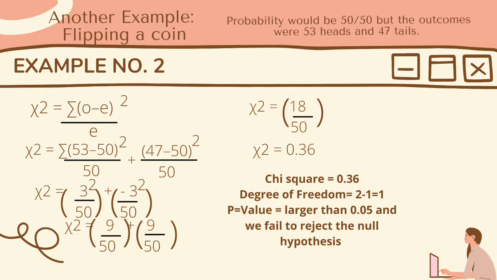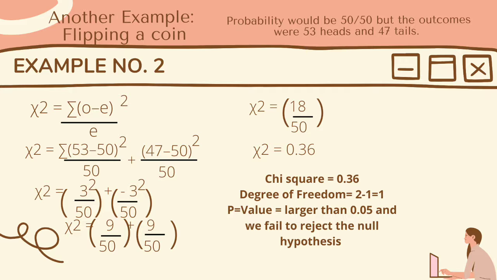Example number 2. Another example gyapon ni flipping a coin. Probability would be 50/50, but the outcomes were 53 heads and 47 tails. So, ang expected value naton kay 50/50, but ang atong outcomes or ang observed value kay 53 heads and 47 tails.